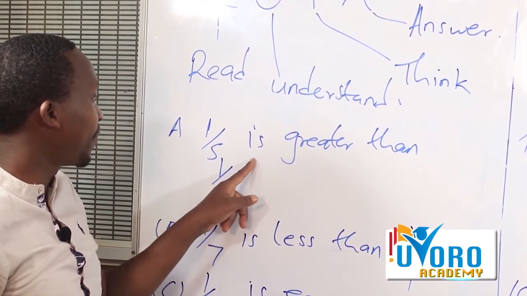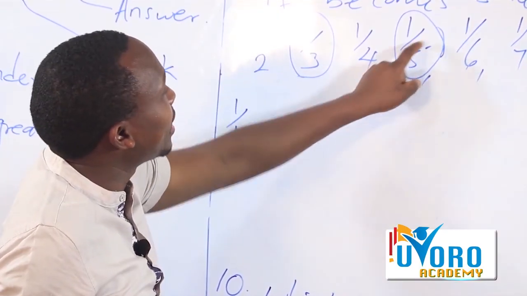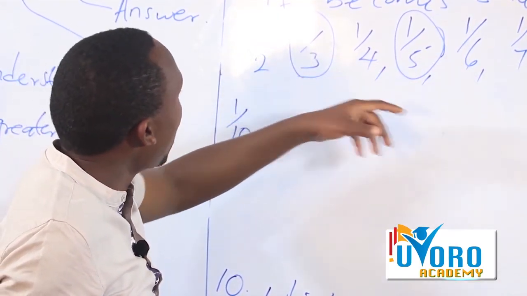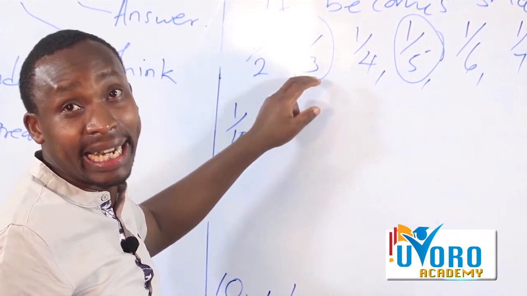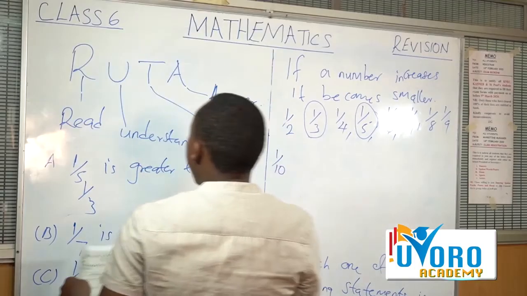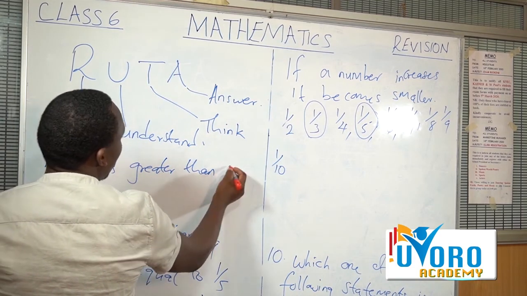1 over 5 is greater than 1 over 3. 1 over 5 being here is bigger. Is this true? No, it is not true. Why? 5 is larger than 3, meaning 1 over 3 is greater, not smaller.